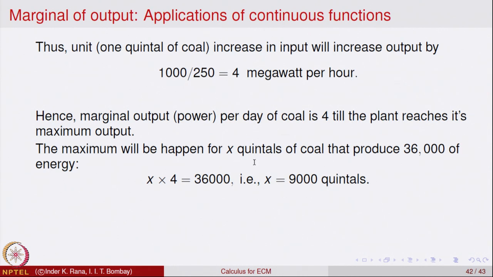How many quintals are required to reach the maximum? The maximum capacity is 36,000, so x into 4 is 36,000, that is 9,000 quintals. When x reaches that, the plant would have reached its maximum capacity.